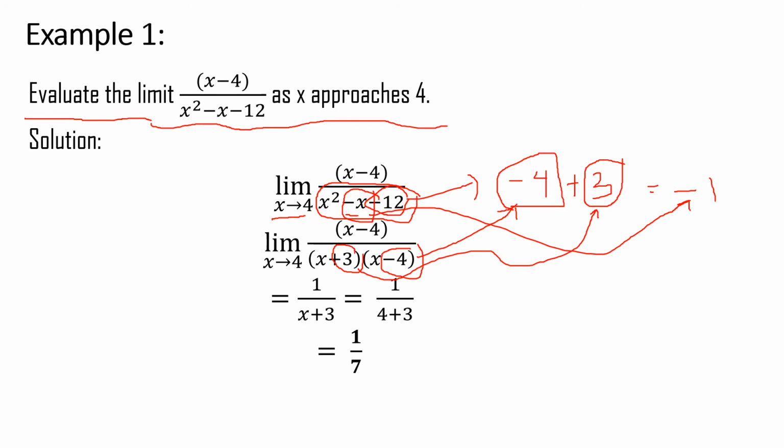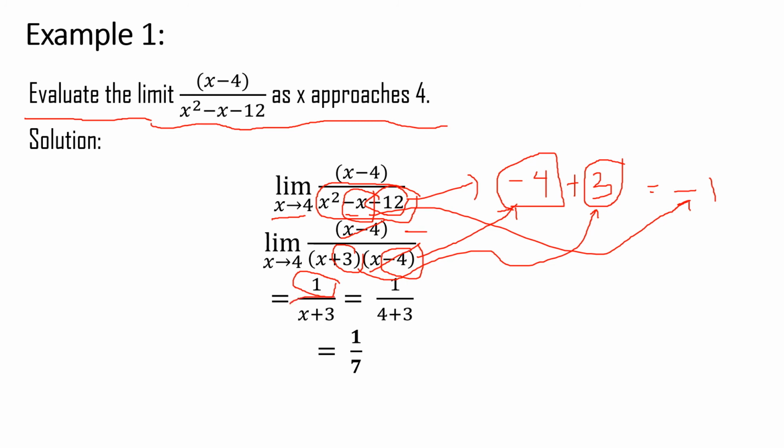Since your numerator is x minus 4, and in your denominator there is an x minus 4, and the operation between x plus 3 and x minus 4 is multiplication, we can cancel this x minus 4 in your denominator. That will be equal to 1, since x minus 4 over x minus 4 is equal to 1. So there is a 1 in your numerator.